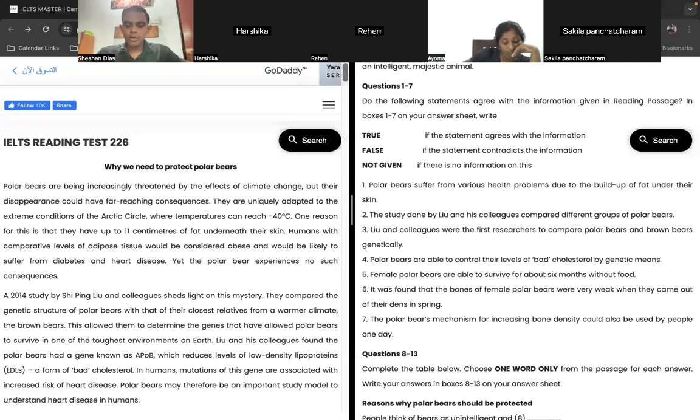Number 1, proper nouns, right? Proper nouns are a type of keywords. Numbers are a type of keyword. Any number, right? If you see, for example, 11 here, that's a keyword. If you see a date or a year, say 2014 here, you highlight that, right? Proper nouns, numbers, dates, scientific terms.